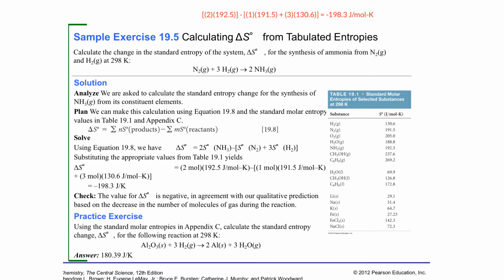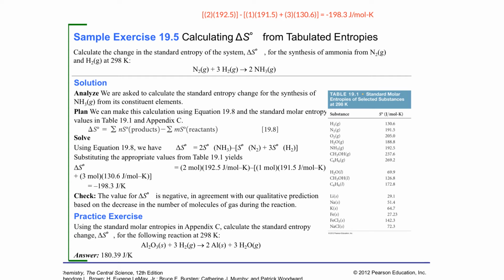So you're going to take all the products. In this case, I've got 2 ammonia molecules, or 2 moles of ammonia. I take 2 moles times however many joules per mole Kelvin that is, right? So if I look up ammonia, I'm going to look to the side, it's 192.5. I'm going to do the products minus the reactants.